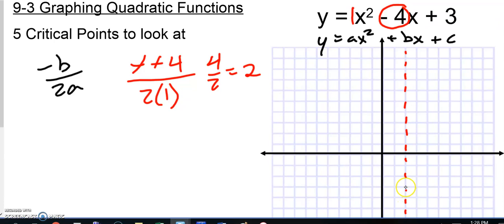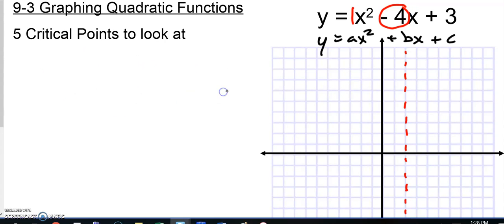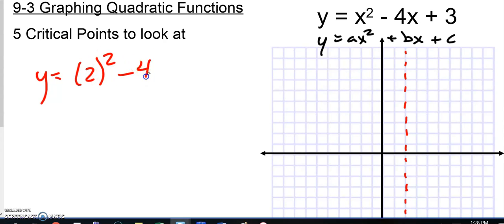And that axis is going to help make this a bit easier. So in order to find the vertex now, I have to plug in 2 for x into my equation. So y equals 2 squared minus 4 times 2 plus 3.